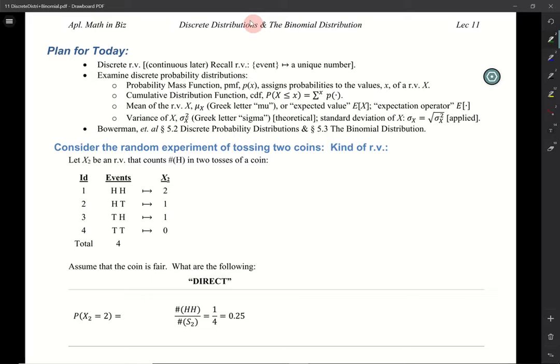They help us understand randomness. Okay, and so there's actually a big divide. There are several ways to categorize probability distributions, but probably the biggest is discrete versus continuous. So this week, as an introduction to probability distributions, we're concentrating on the binomial distribution.